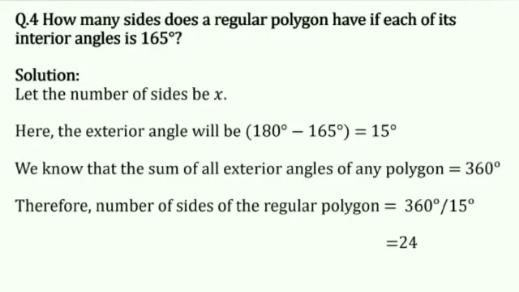So dividing 360 by 15 degree, we will get 24, which is number of sides of the regular polygon. For which interior angle is 165 degree, exterior angle is 15 degree, and number of sides are 24.